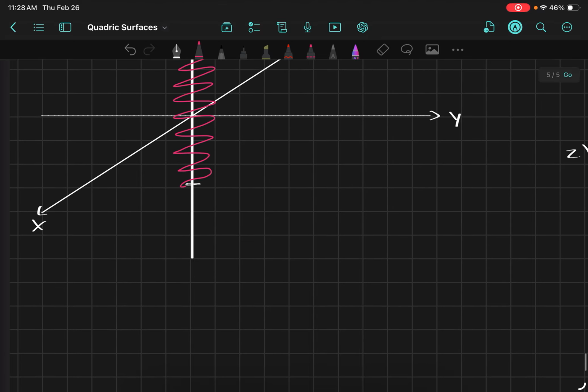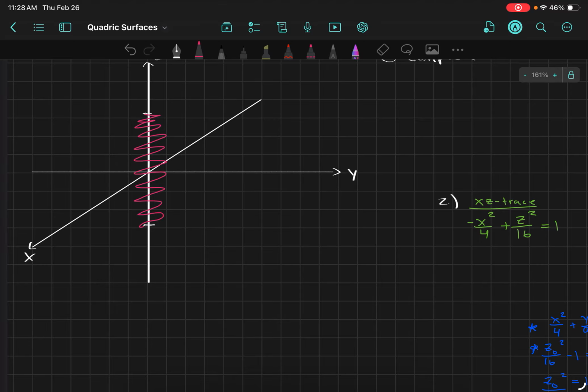Because if we do, then we have no solution. So this is no-go land. This is why our z-intercept was negative 4 and positive 4. This area is not going to work. There's no solution. Therefore, it is undefined.